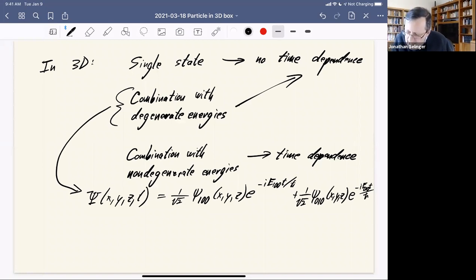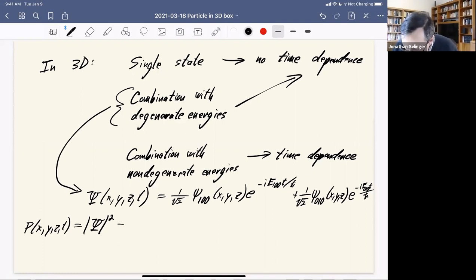Okay. And now you want to make the probability density that goes with that. Okay. So the probability density, that is the absolute value of psi squared.